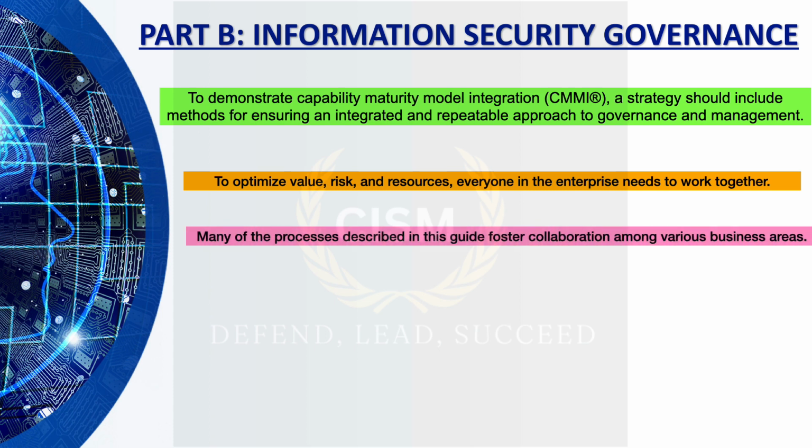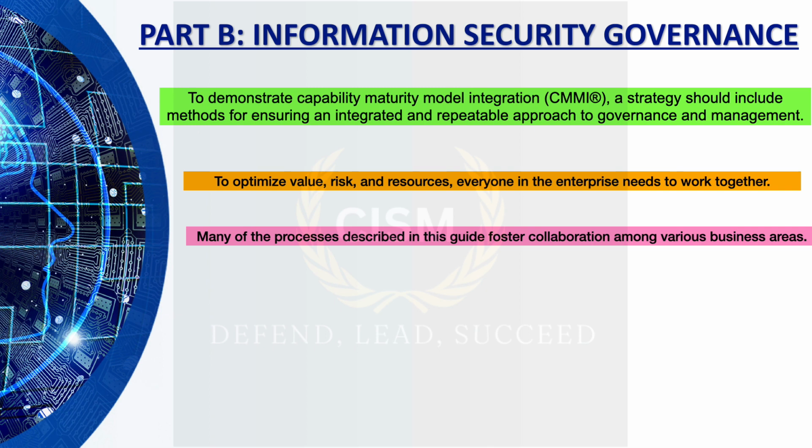Next, it states that in information security governance, many of the processes described in this guide foster collaboration among the various business areas. If we amplify this statement, we can say that the numerous processes outlined in this guide promote collaboration across the diverse business areas. So these collaborative efforts enhance efficiency and communication.